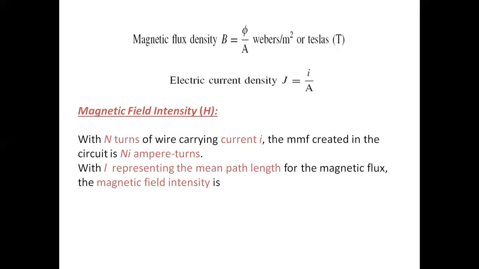With L representing the mean path length, the length for the magnetic flux, the magnetic field intensity H is equal to NI by L. You have already studied this at the basic level; we are discussing it again just for remembering. So what is the relation between magnetic field intensity and flux density? B equals mu into H.